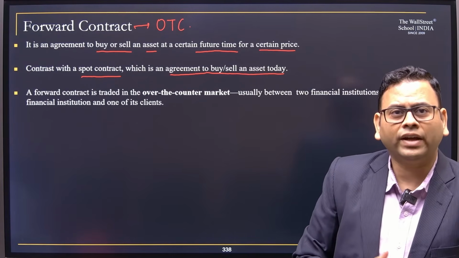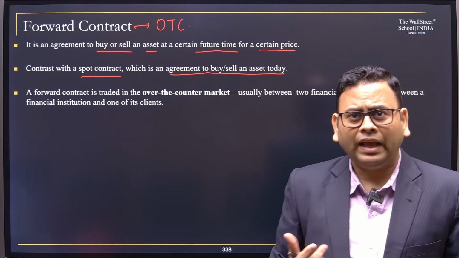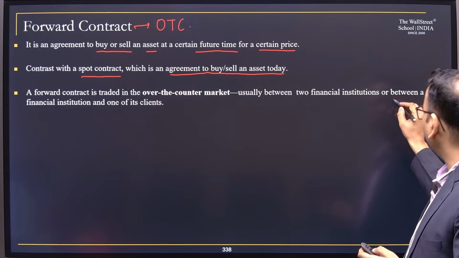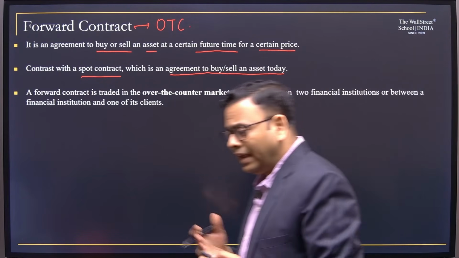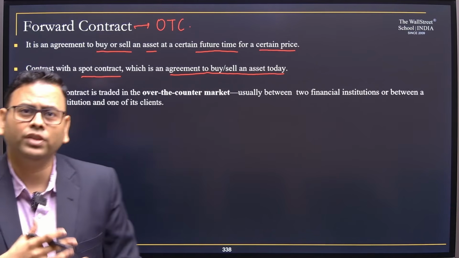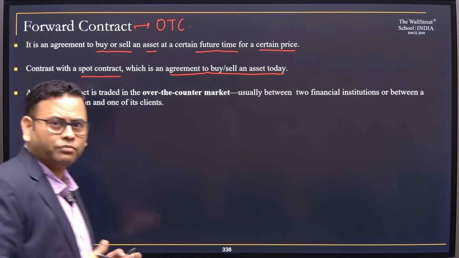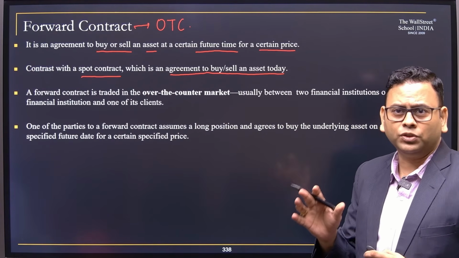So, a forward contract is traded in OTC market as I already discussed, and it is between two financial institutions or between a financial institution on one side and clients on the other side. So, one of the parties to the forward contract assumes a long position.